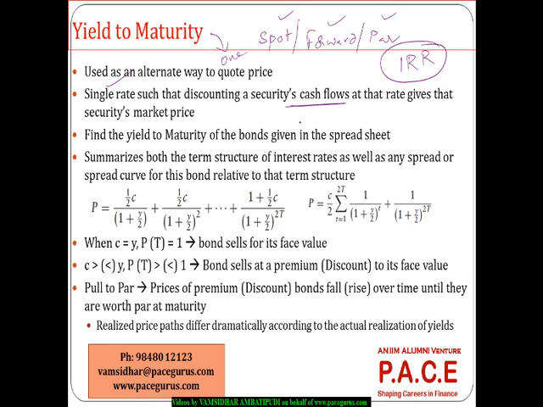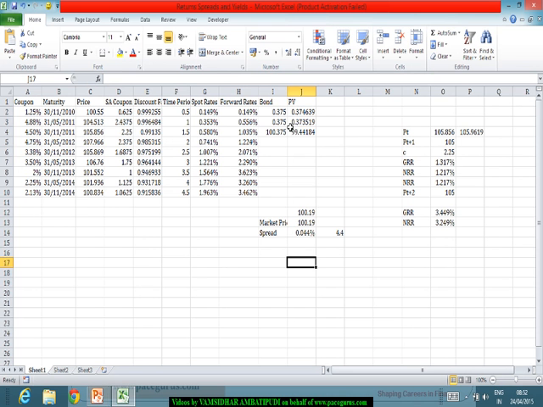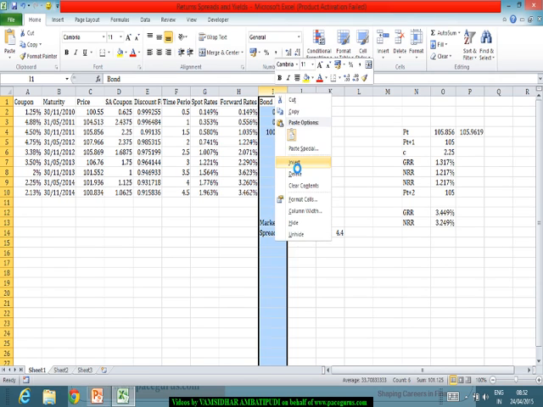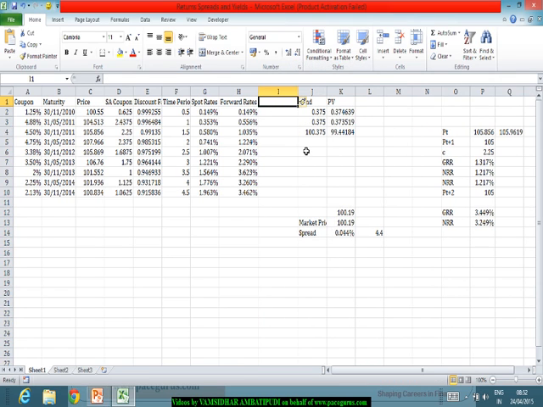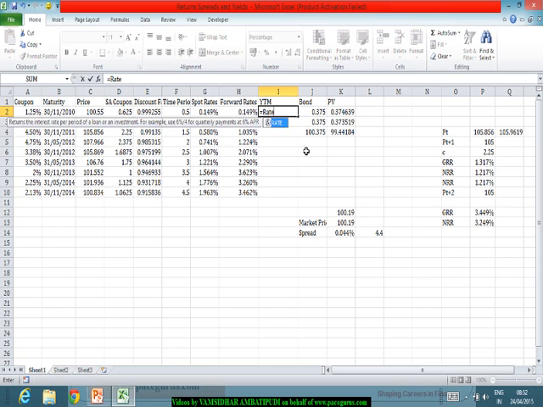Right? So, for the same bond, or let's say we have these many bonds, for each bond I can think of finding the yield to maturity. Yield to maturity is nothing but one single rate for this entire period.